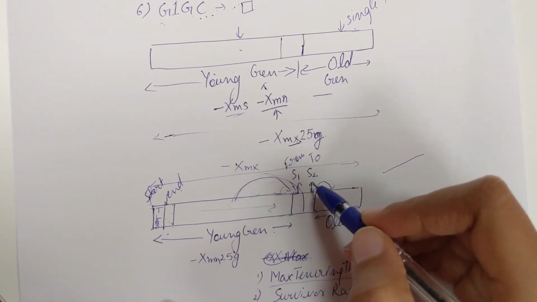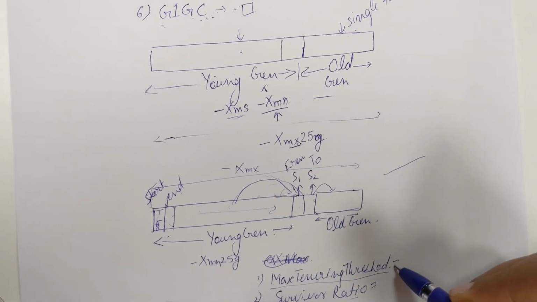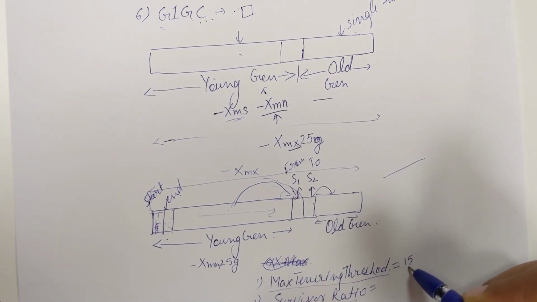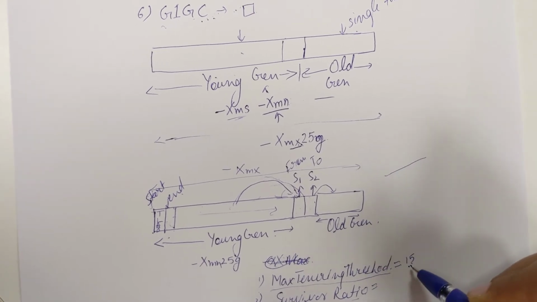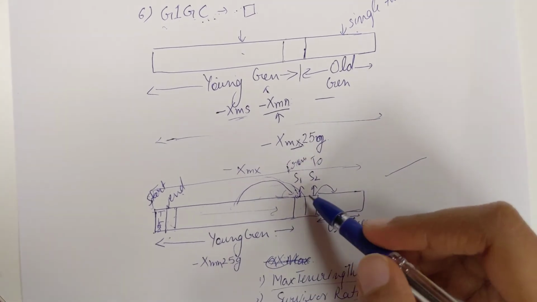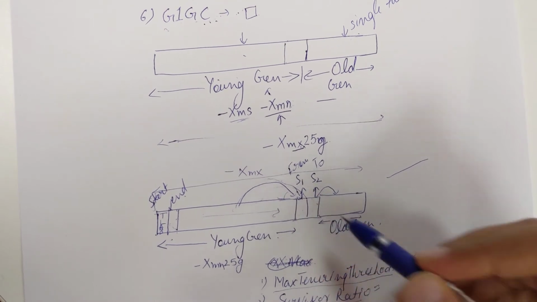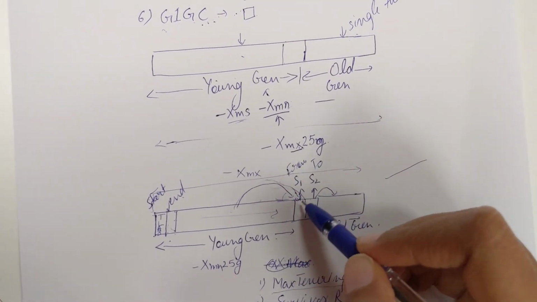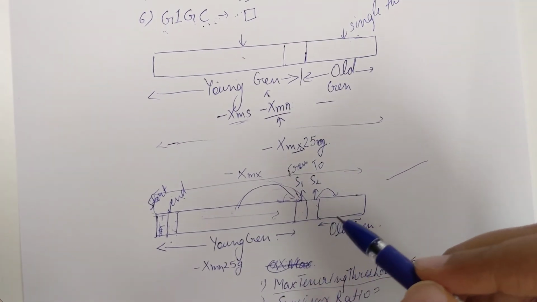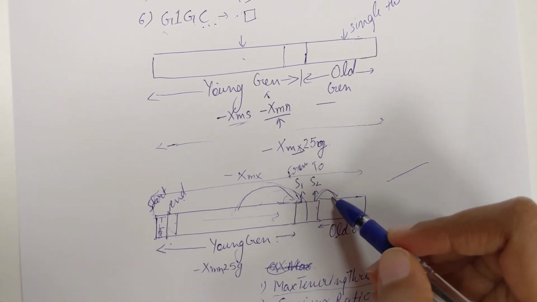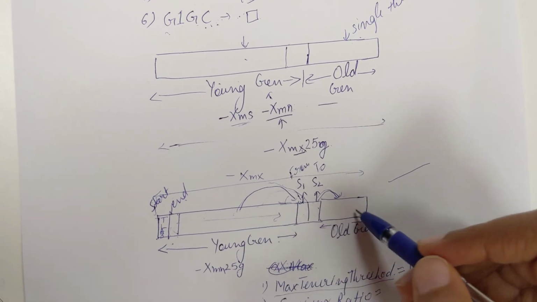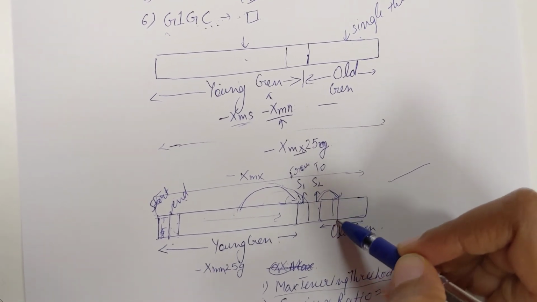Suppose my maximum tenuring threshold is 15, which is the maximum you can specify in any JVM. Then the objects switch 15 times, and if an object survives after 15 times, it is copied into the old generation.